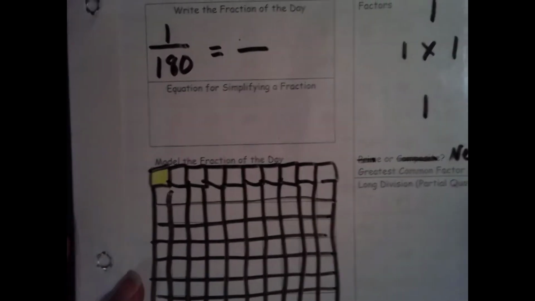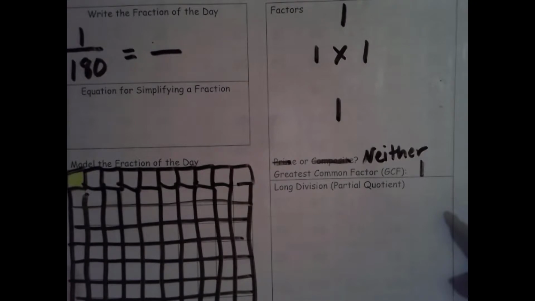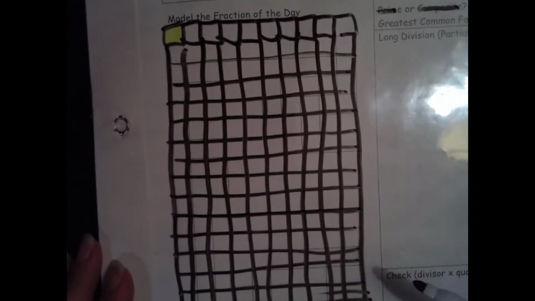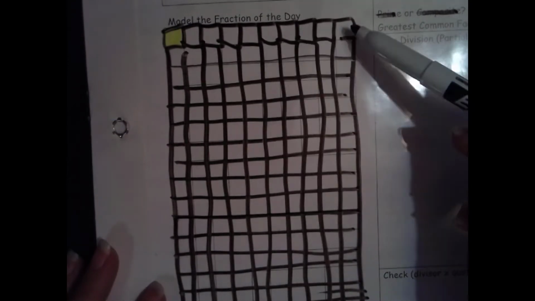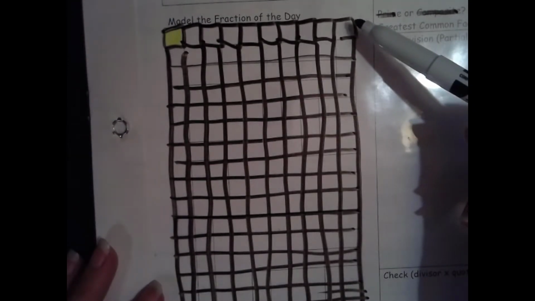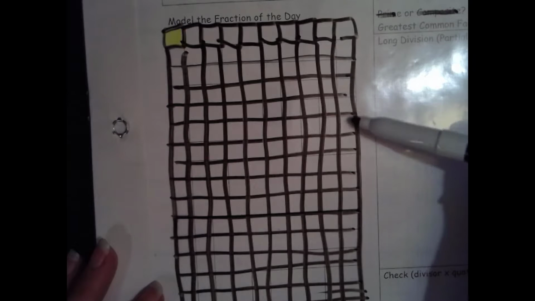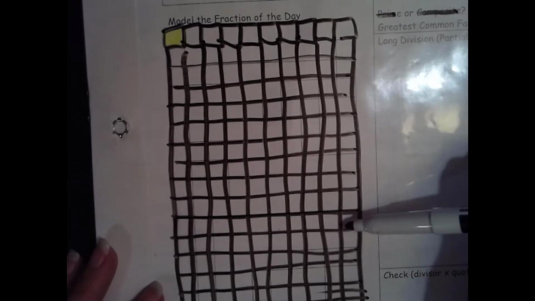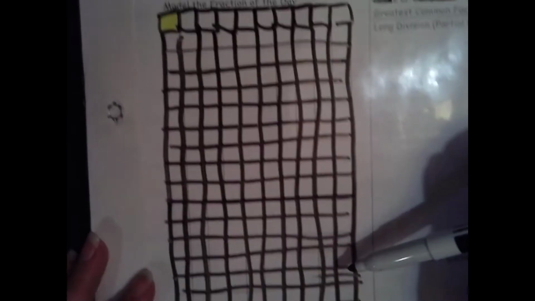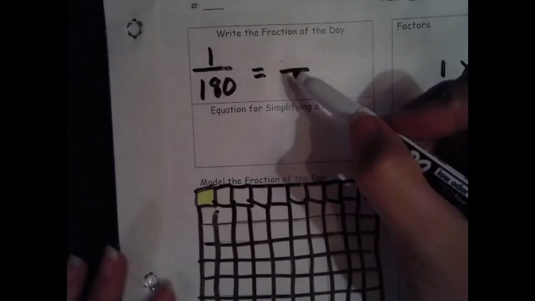So that means 1 is our greatest common factor. So since 1 is our greatest common factor, now we can see how many total groups of 1 we have. Each row has 10 in them, so I can count by tens. 10, 20, 30, 40, 50, 60, 70, 80, 90, 100, 110, 120, 130, 140, 150, 160, 170, 180.